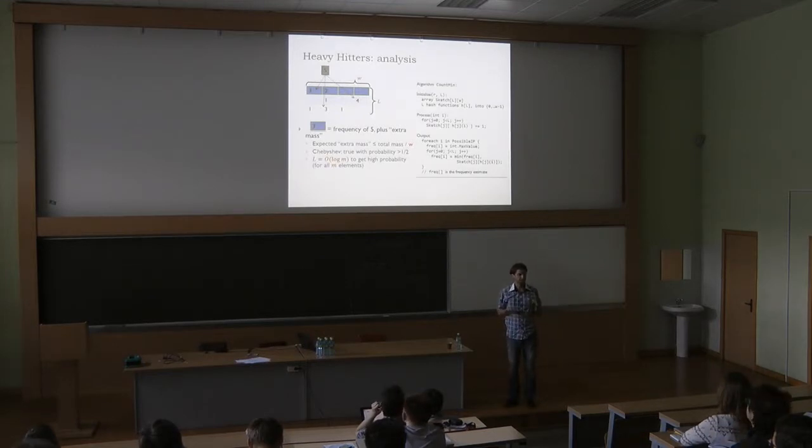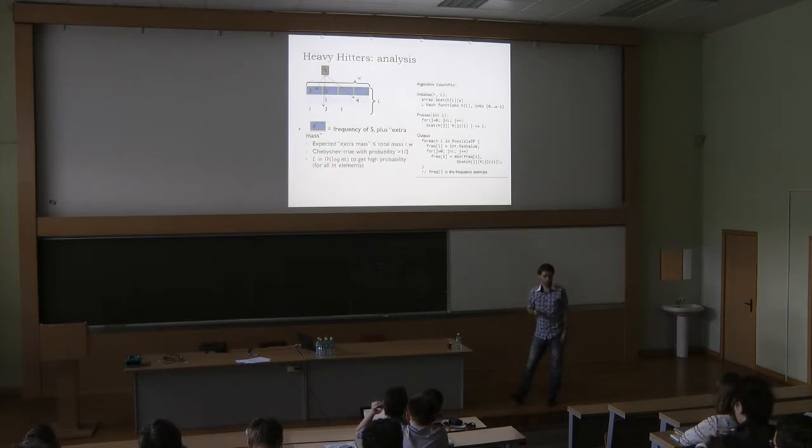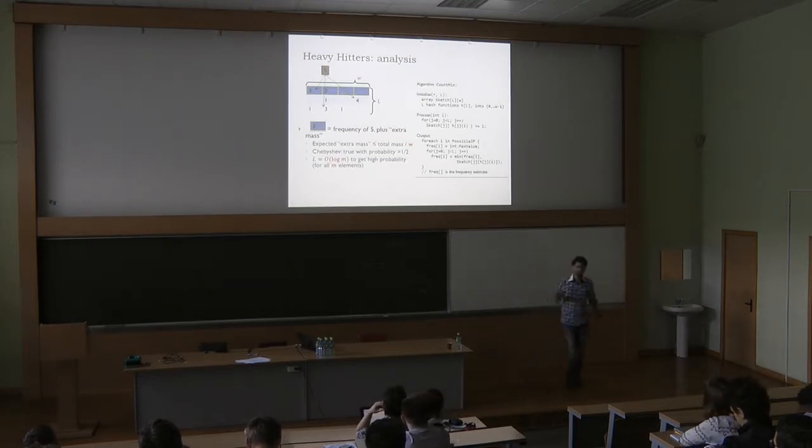This means that the minimum over L such estimators will have total extra mass at most total mass divided by W with high probability, even over all M possible elements.